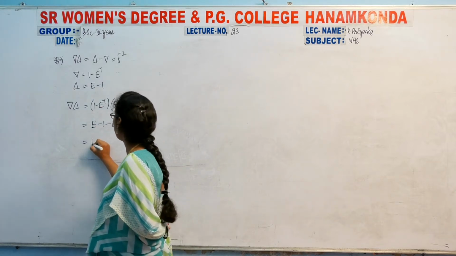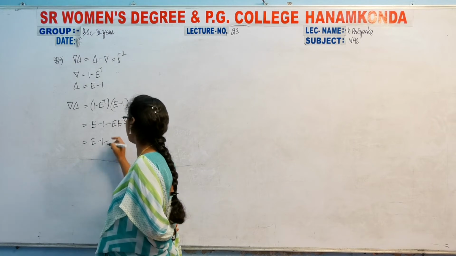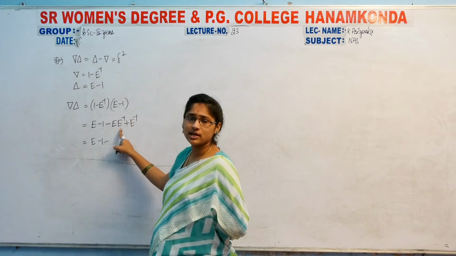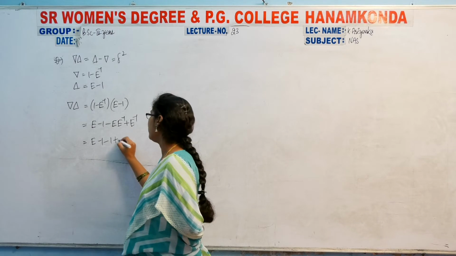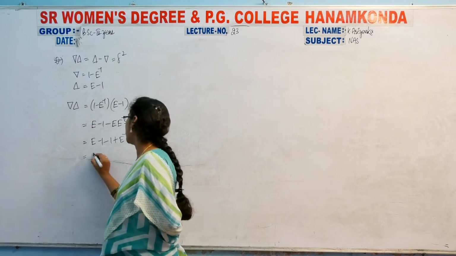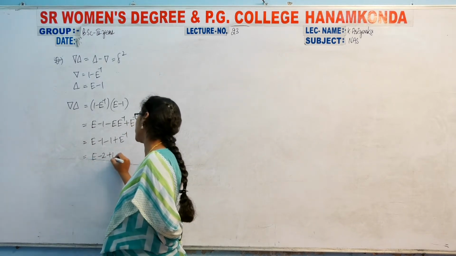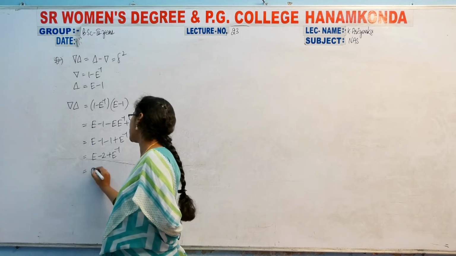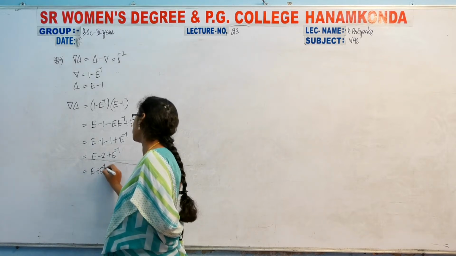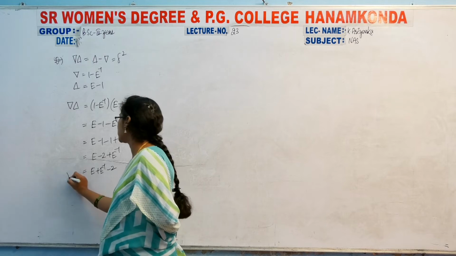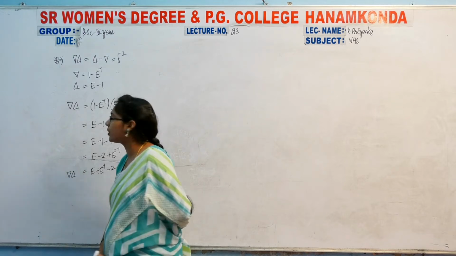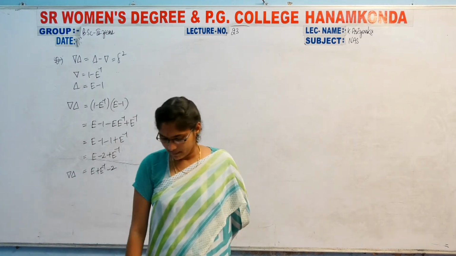Now here what will I get? E minus 1 minus E into E inverse. The bases are equal, so the powers should be added, then it is 1 plus E power minus 1. Now E minus 2 plus E inverse. That means E plus E inverse minus 2. This is nothing but the value of the product of the forward and backward.